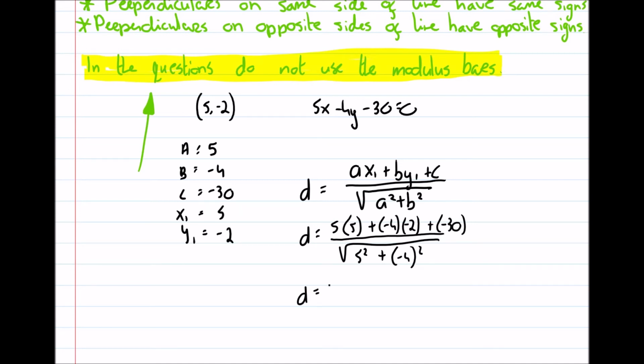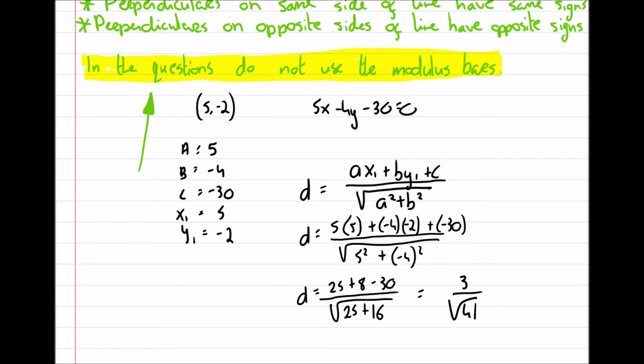That will give me 25 plus 8 minus 30 all over the square root of 25 plus 16, and that will give me 3 over the square root of 41.